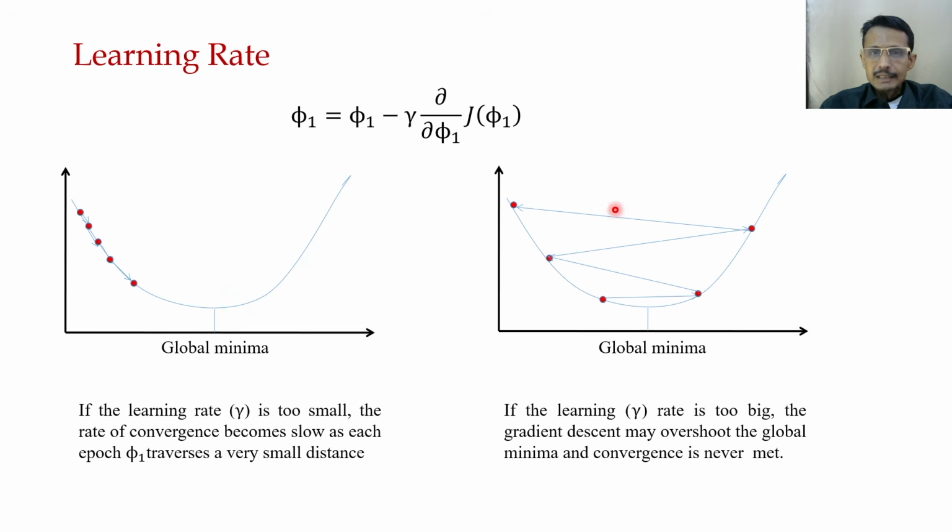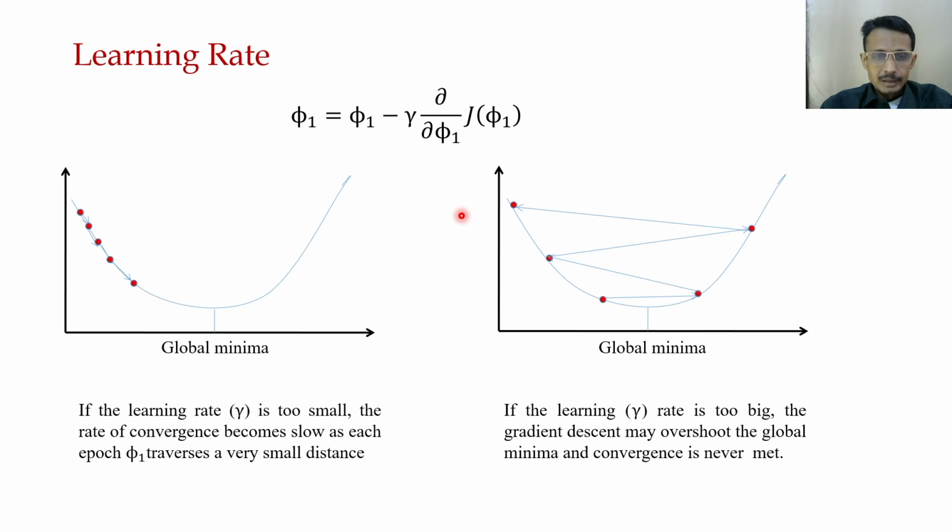On the other hand, if gamma is too big, there is a chance it just jumps over the global minimum. So it goes this way, this way, just jumping over, and it may never converge.